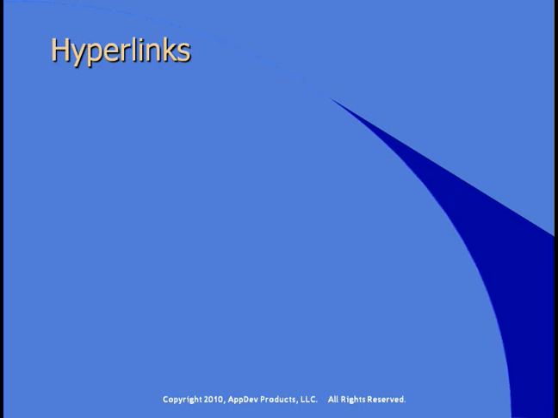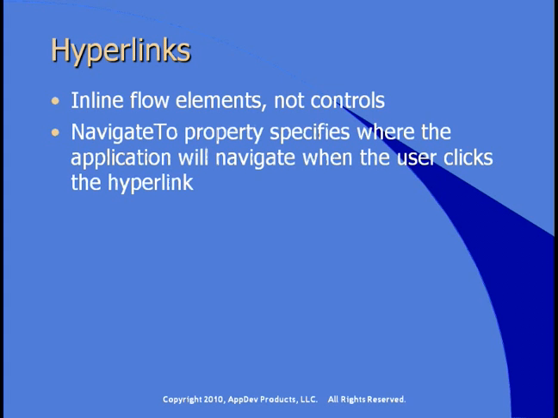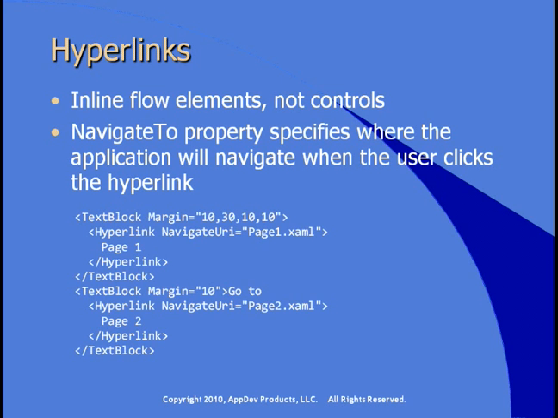When you're navigating from page to page, you'll typically use hyperlinks. And in WPF, these are inline flow elements, not controls. And the Navigate To property of the hyperlink specifies where the application is going to navigate when the user clicks the hyperlink. So here's an example of using a hyperlink.